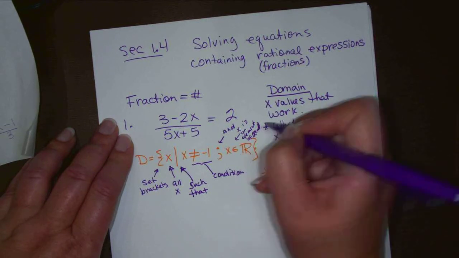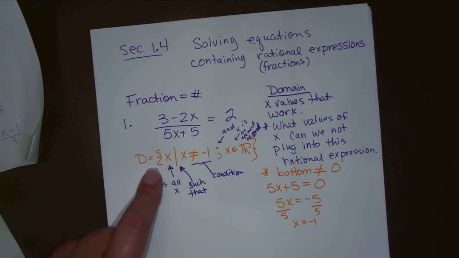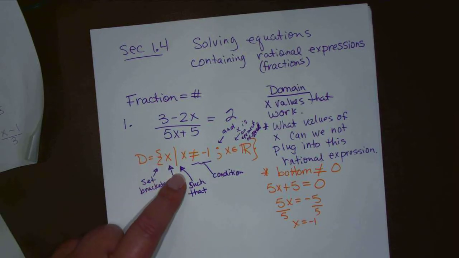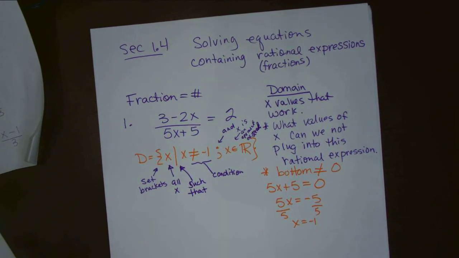So when you actually look at a domain, you read all of that. You say, the set of all x, such that x is not equal to -1, and x is an element of real numbers. You can think of "and" as like "but." x is an element of real numbers, so it's not -1, but it can be anything else.